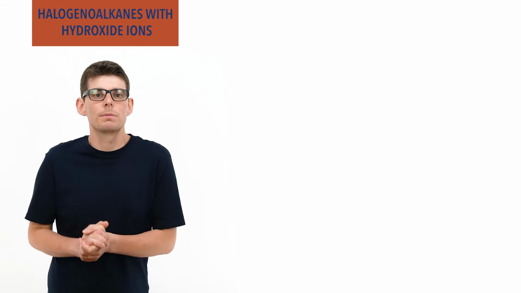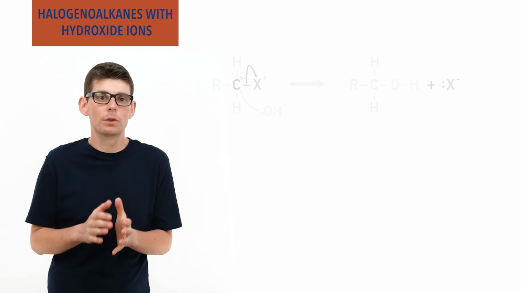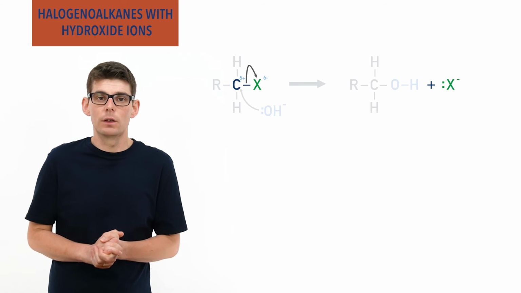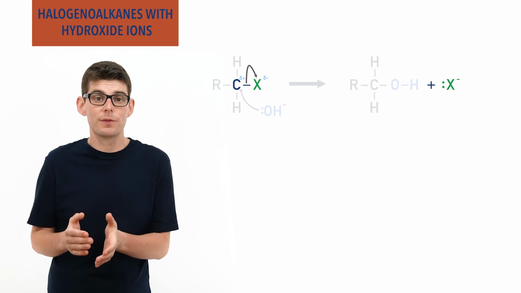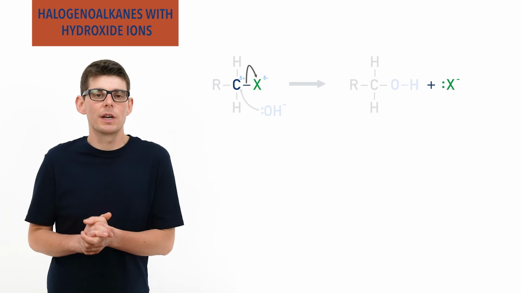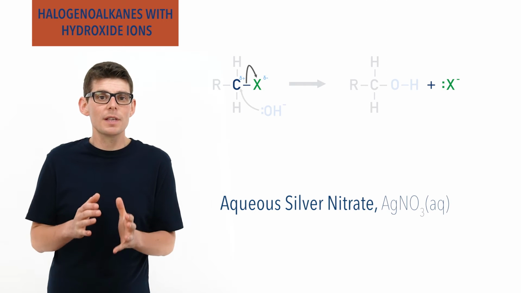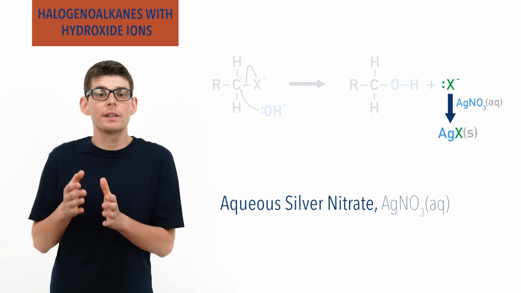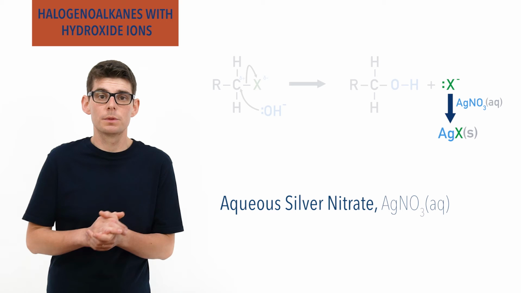As the carbon-halogen bond breaks, a halide ion is released. We can use this releasing of a halide ion to detect when the reaction has finished. If the reaction is carried out with aqueous silver nitrate in the mixture, as soon as halide ions get released during the mechanism, a silver halide precipitate is produced.